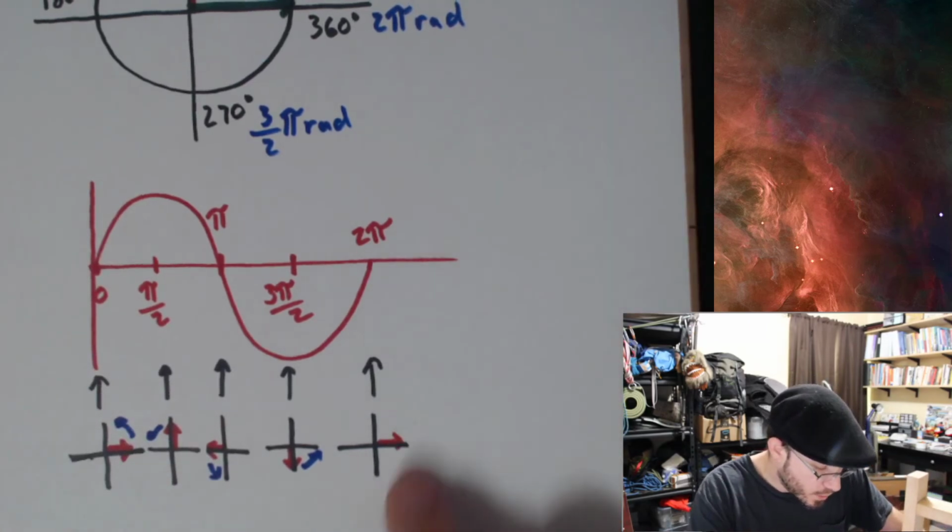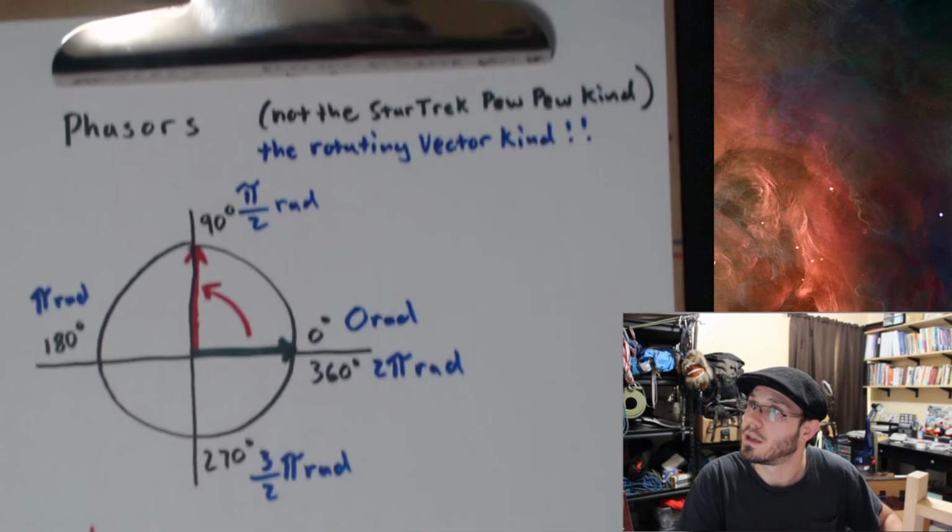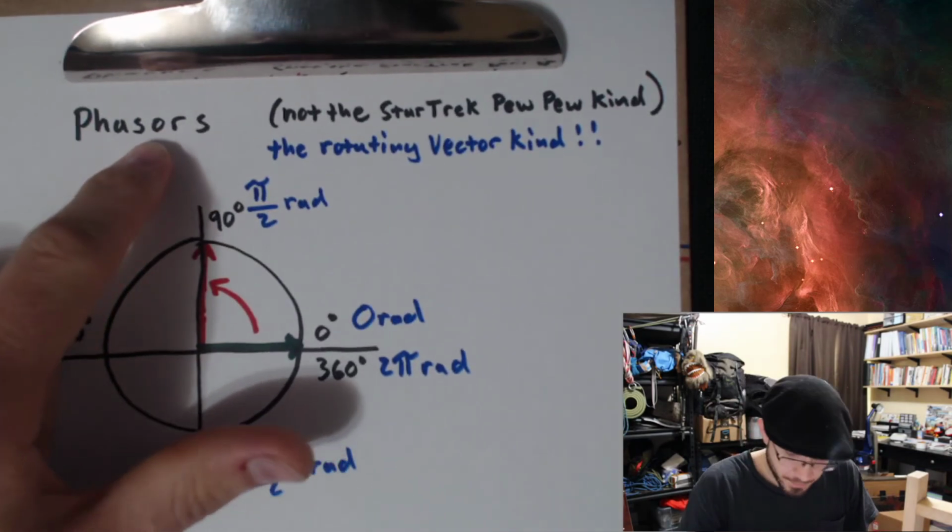Now, this rotating vector is what we call a phasor.